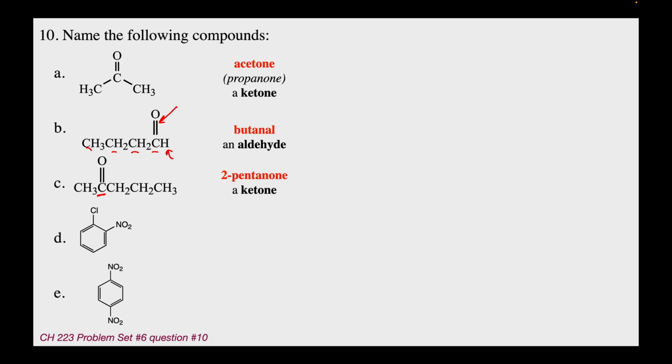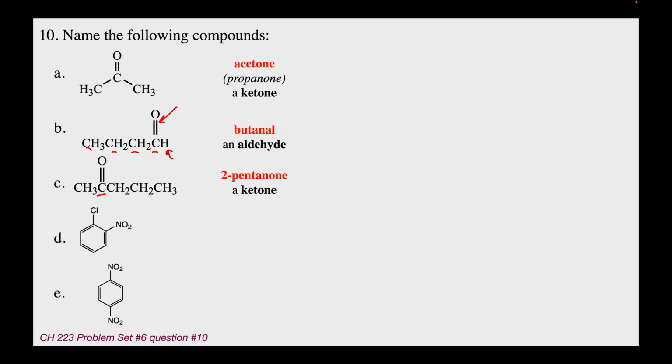D has a benzene ring, and benzene will be the base of this. And next to it you have a chloro, Cl, and a nitro, NO2, group. So we're going to call this a chloro-nitro-benzene, but you could have the chloros and nitros at different positions, so we need some kind of numbering system.